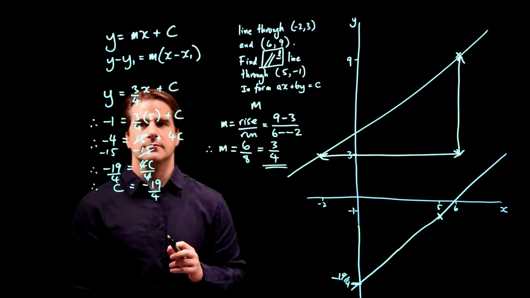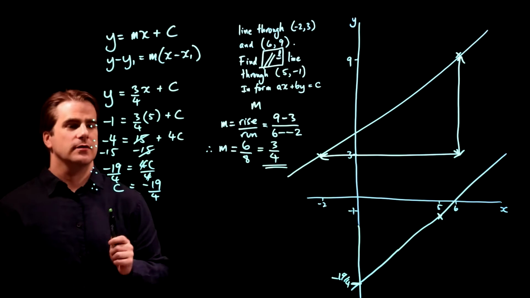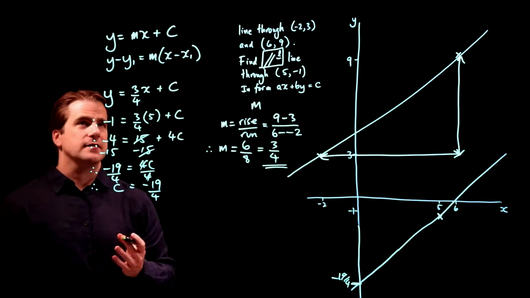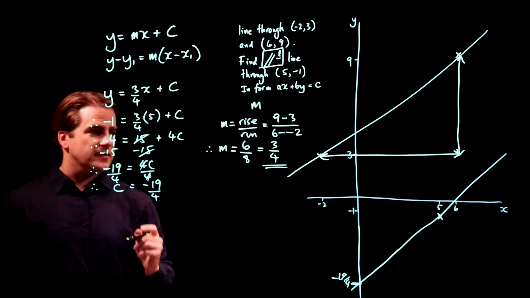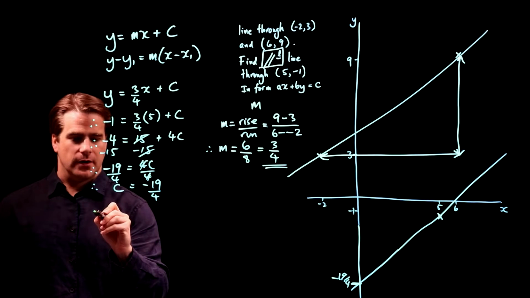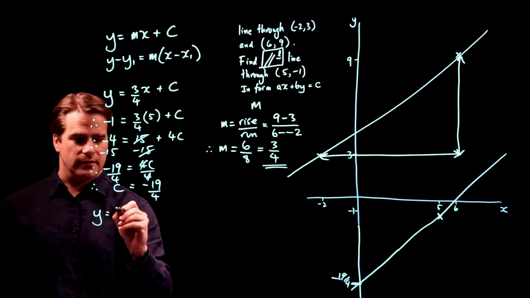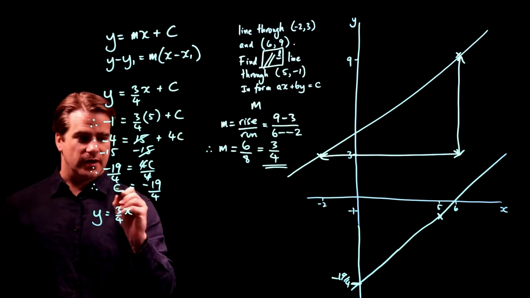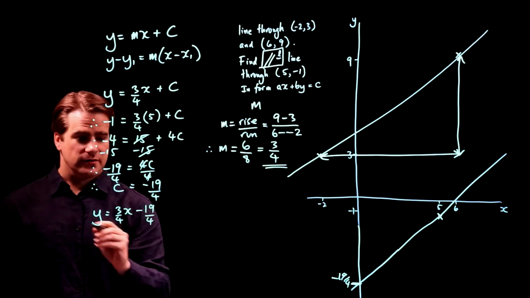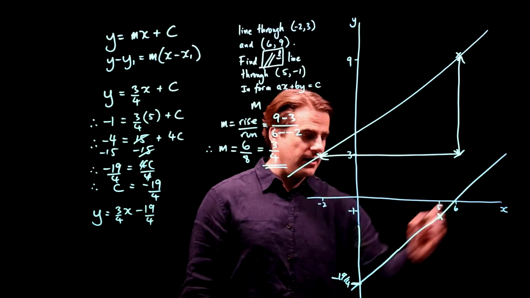Anyway, back to getting the answer. Well, we've pretty much done it. y is mx plus c. So therefore, the equation of the line is y equals, the gradient is 3/4 x plus c, and c is -19 over 4. Okay, so that's the equation of this line.